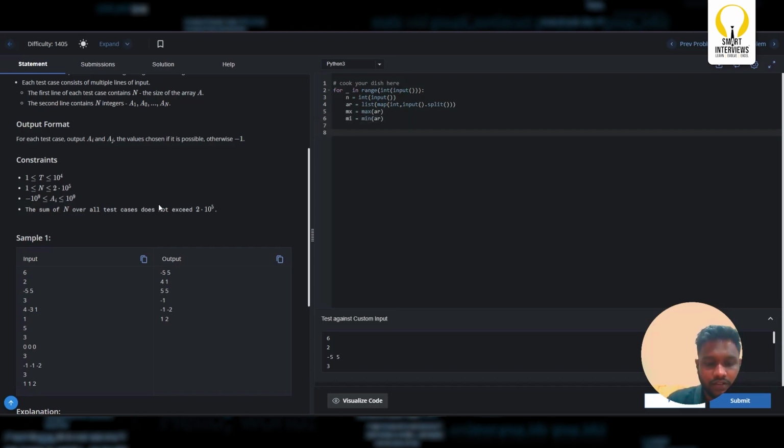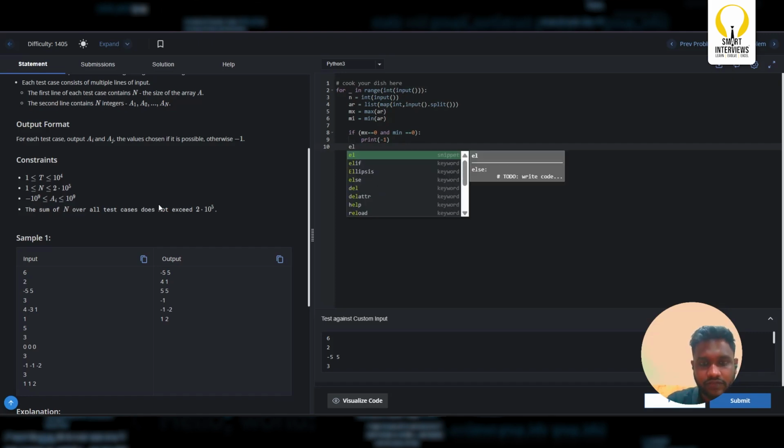Now if max equals 0 and min equals 0, then as we discussed, there is no pair because every element here is 0. So we can print -1.